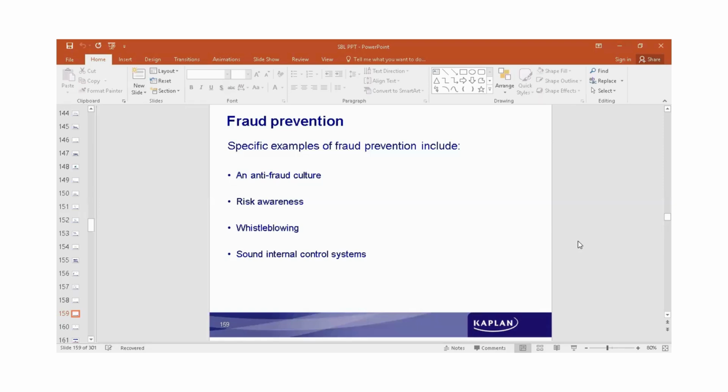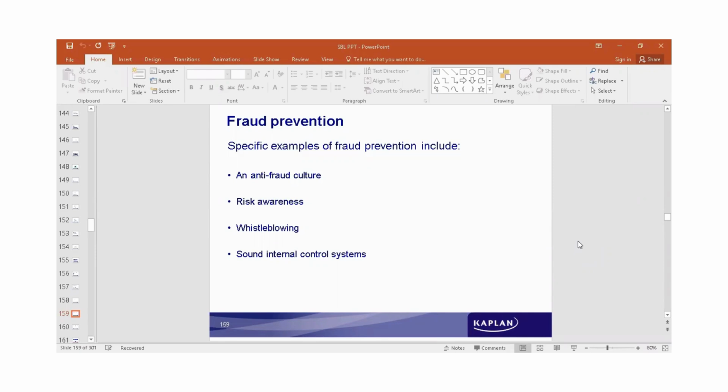So the people in the organization are made aware of what possibly can happen, and what they should not be involved with. They have to make it clear about the anti-fraud culture. What is the value system in the organization, what they believe in, what is appropriate, what is acceptable.